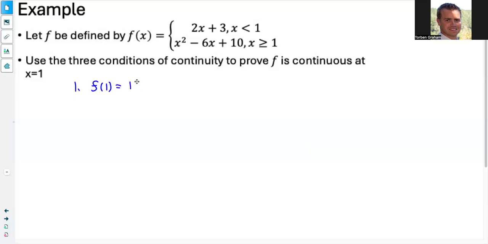So we'd have 1 squared minus 6 times 1 plus 10, and that gives us 5. Second, we're going to show that our limits give us the same value.